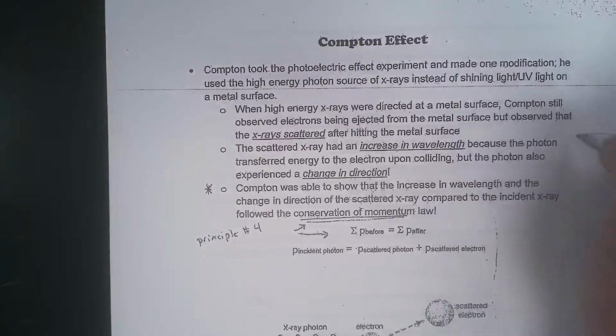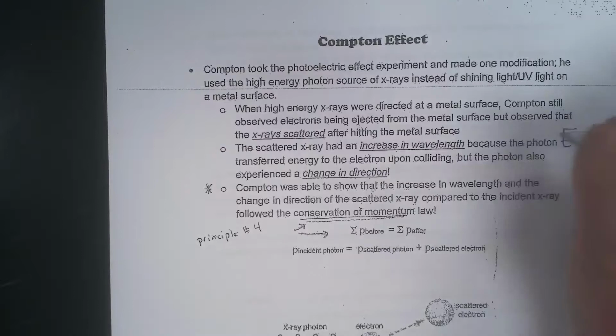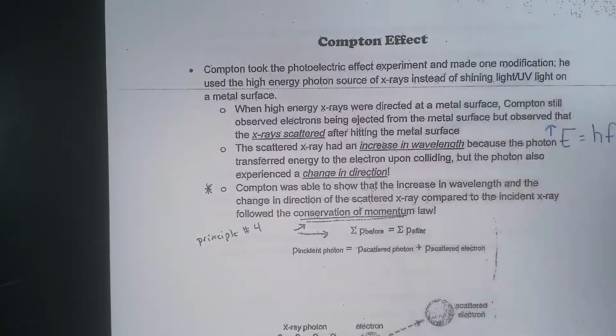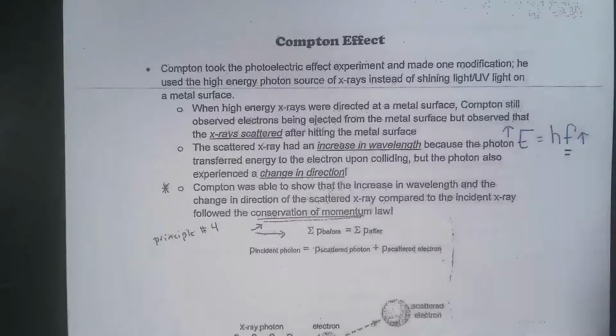When we look at this formula where energy is equal to hf, when we increase frequency, we increase energy. And as we see our wavelengths change, we see the frequency vary, and that will have an effect on the energy.